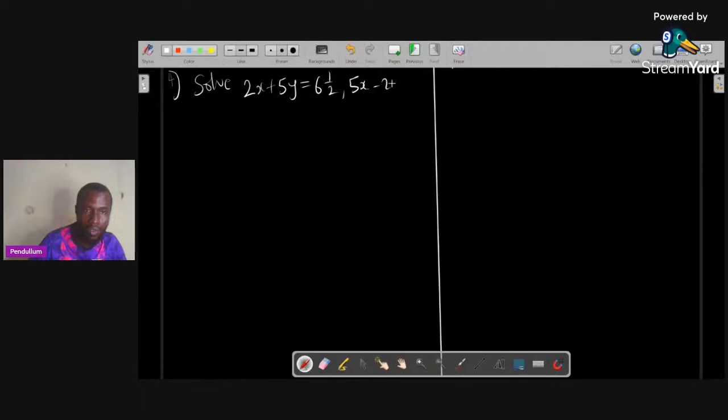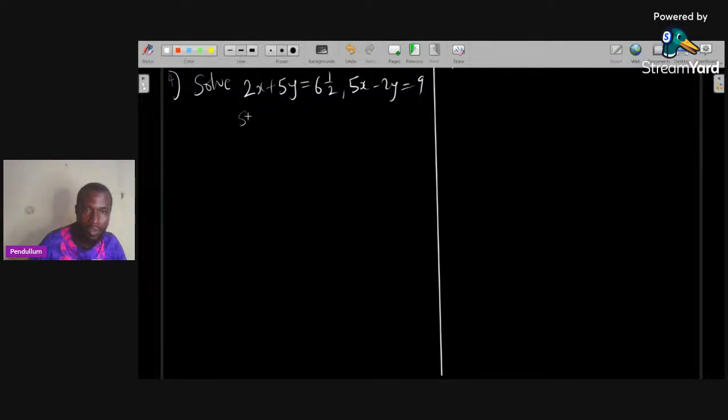Sorry, we are asked to solve 2x plus 5y is equal to 6.5, and then 5x minus 2y is equal to 9. Okay, so like I said, let's solve it using the substitution method.